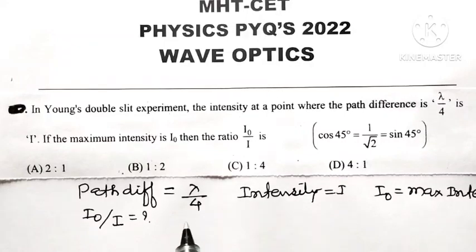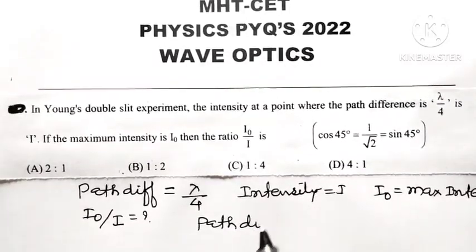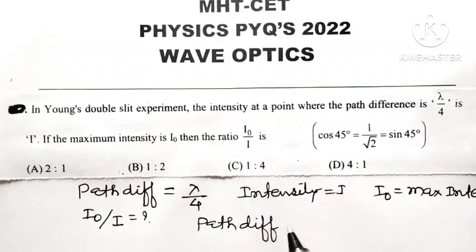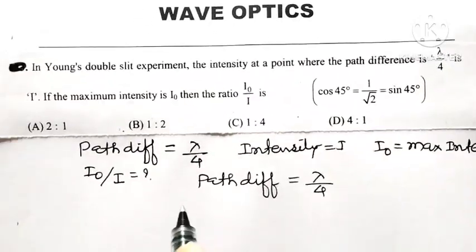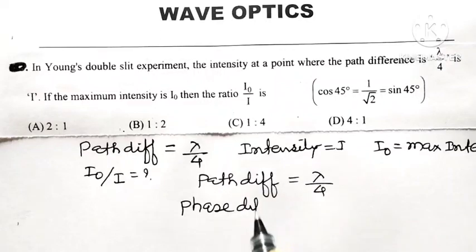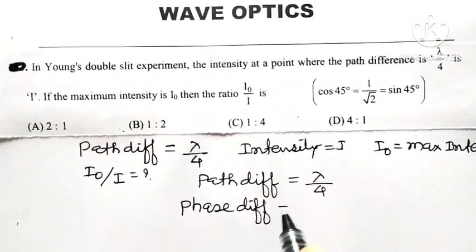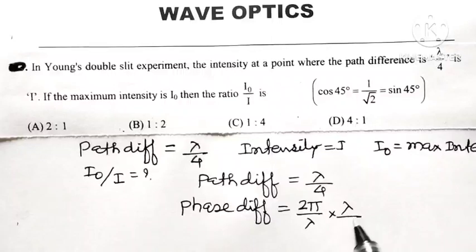See here, what is the path difference given? The path difference between the light waves arriving at a point is lambda by 4. It means the phase difference between the light waves arriving at that point is 2 pi by lambda into lambda by 4.